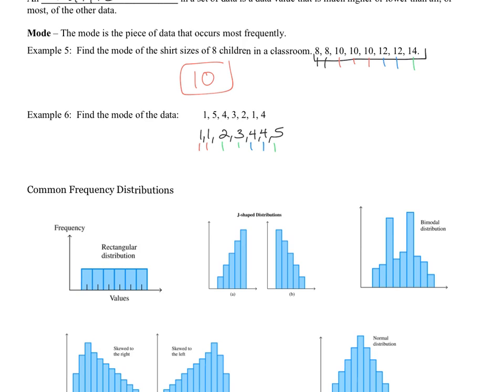If you get more than one value that keeps showing up the same number of times, that just means we have something that is called bimodal. Bimodal. Two modes. So we can have more than one mode, and that is absolutely fine. We have a mode of 1 and 4.